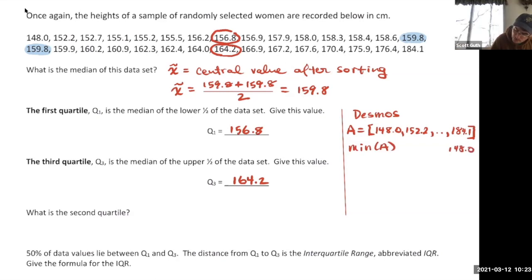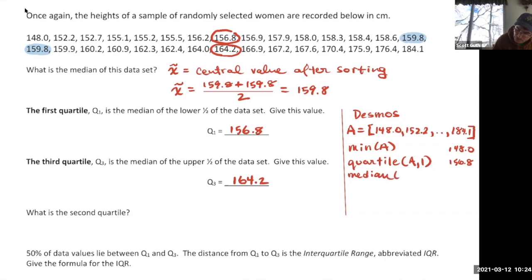There's a lower quartile, the first quartile. You just type quartile A, comma 1 to tell it that it's the first quartile. And that'll give the 156.8. Okay. The median is in the middle of the list above that quartile.